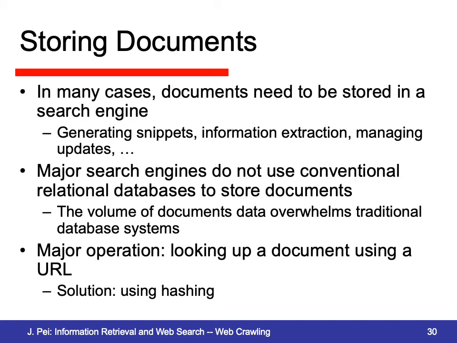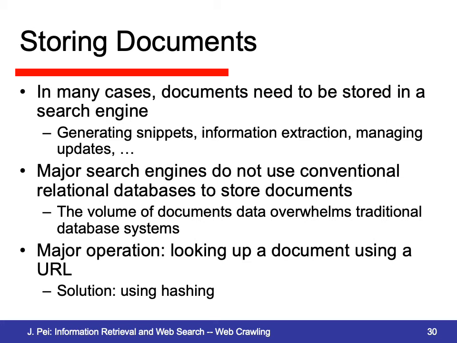The major search engines do not use conventional relational databases to store documents because that may not be very efficient for a large amount of text data. The volume of document data overwhelms the traditional databases. Instead, the search engines directly work with the operating systems to create their own data storage blocks and store the data there.